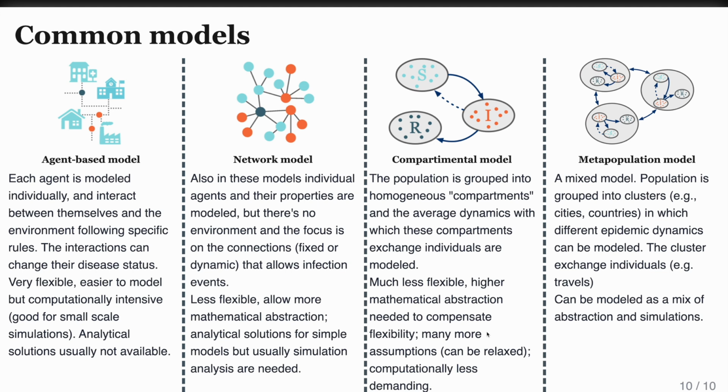You can have a compartmental model inside a city, and then use a network model to study how people move from one city to the other. This kind of model is widely used for influenza, to study how influenza moves throughout the world via people on airplanes. So you can have a compartmental model in a certain region of the world, and then a network model that studies how people move from one part of the world to the other.